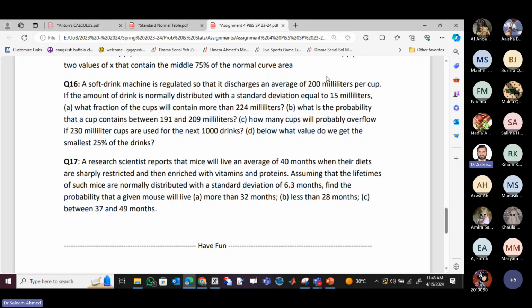Or vending machines, for example here in the university. If you press the button for a cup of tea or coffee or whatever drink, it discharges automatically the required amount. So the machine is regulated to put 200 ml of water in a cup, filling it up to here.